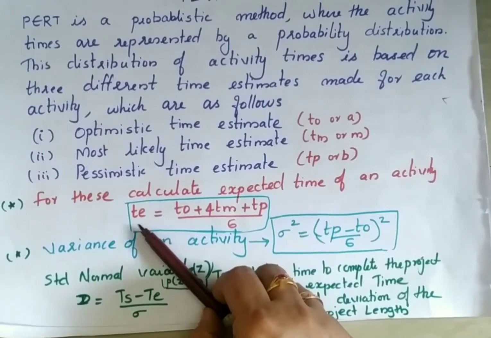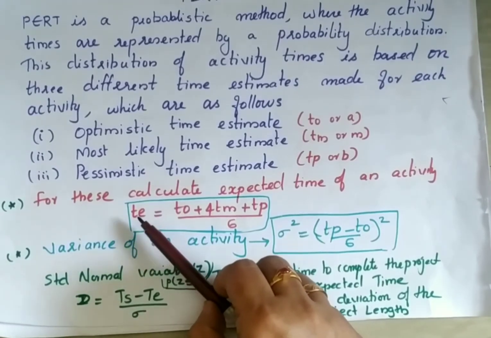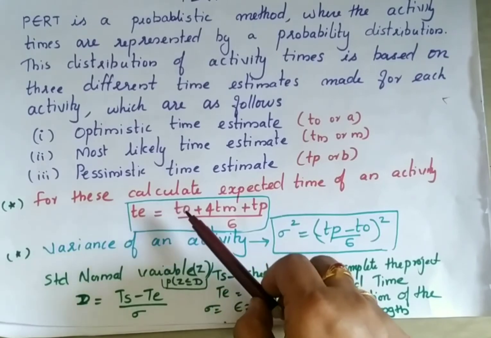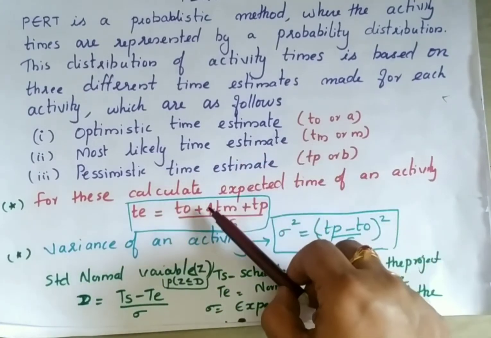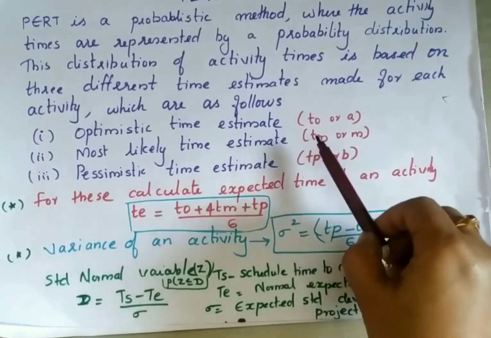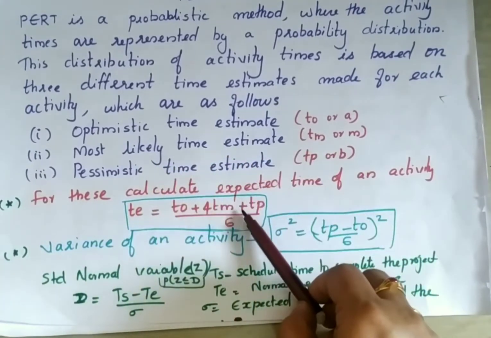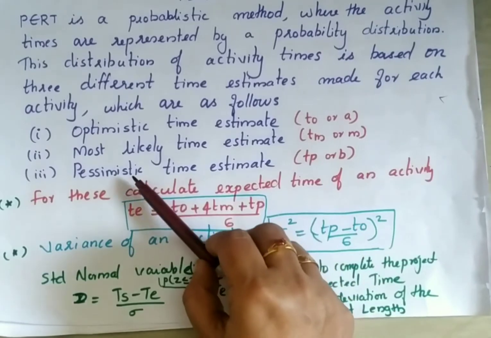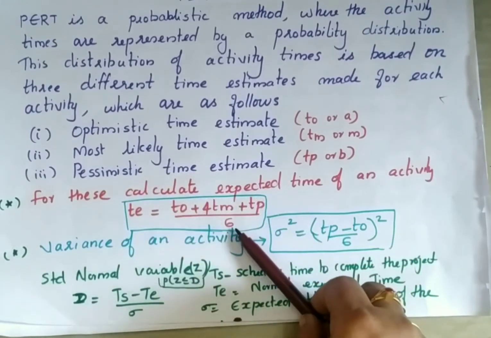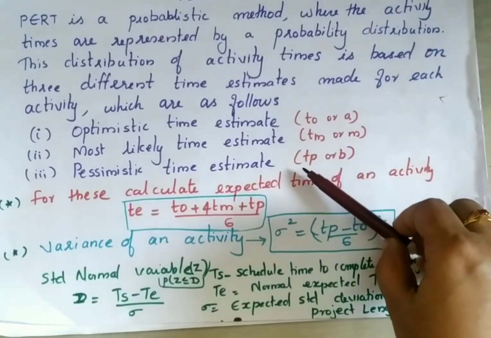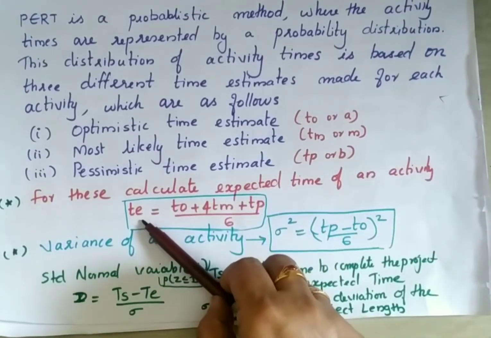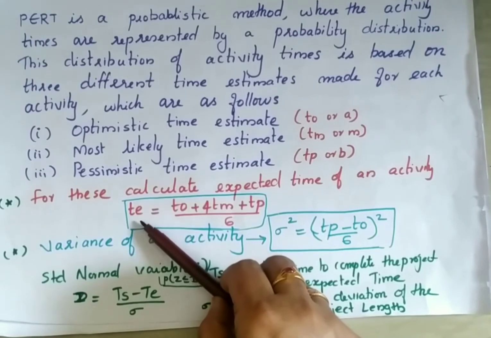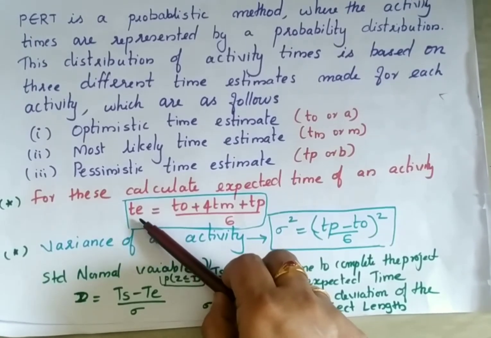That is one difference. To find the expected time, you have to use the formula: T0 plus 4 TM, where TM is the most likely time estimate, plus TP, where TP is the pessimistic time estimate, divided by 6. So already they will give these three. From these three, use this equation and find out TE, that is our expected time to complete an activity.